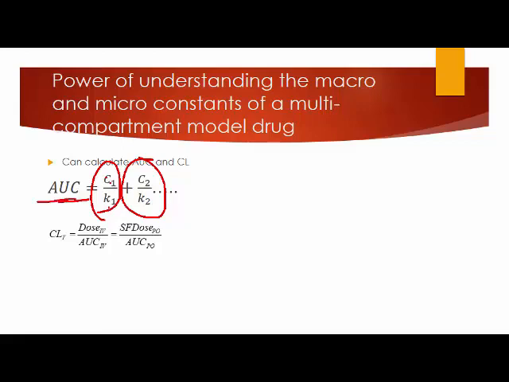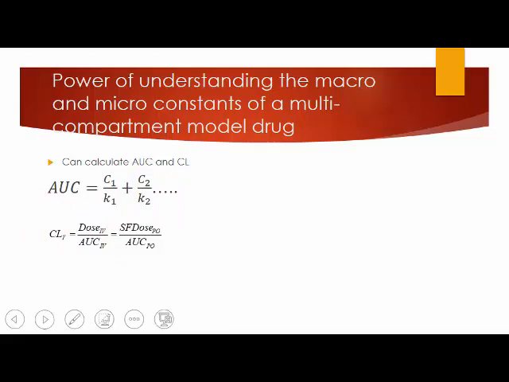They'll give you your area under the curve. You can also figure out clearance by using your dose over the area under the curve. So you can figure out tons of stuff once you know these macro constants. And that's what we're going to be doing in the workshop.